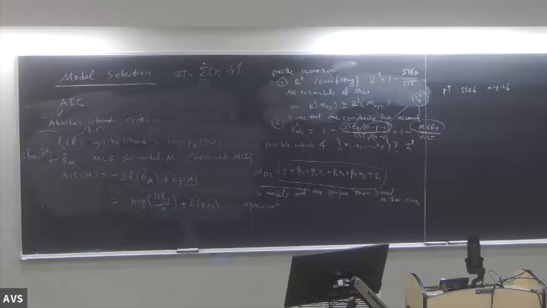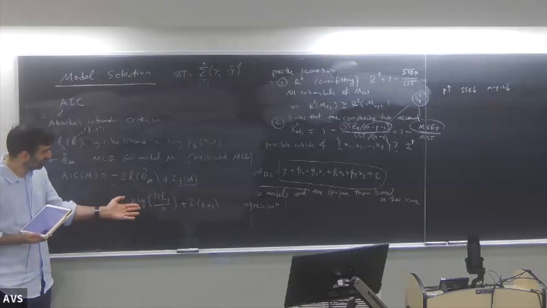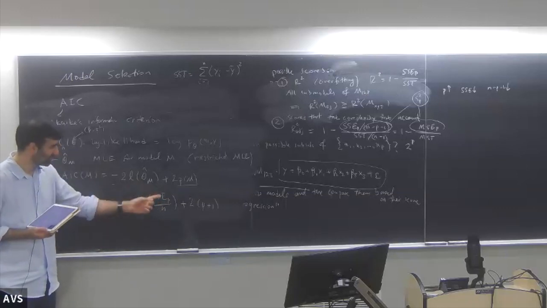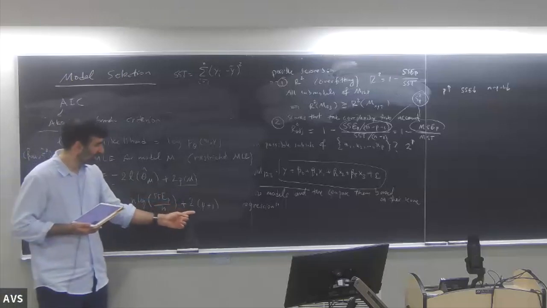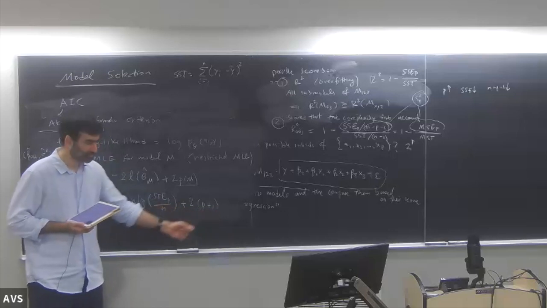So you really can do this calculation, it's pretty simple. Again, I have a measure of how well it fits, which depends on SSE, and then I have a penalty which accounts for the number of parameters.